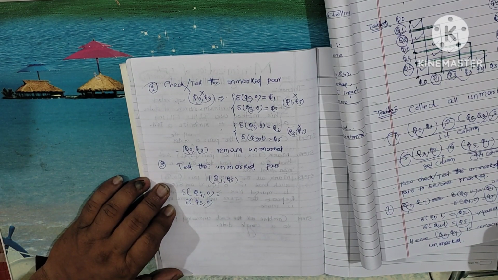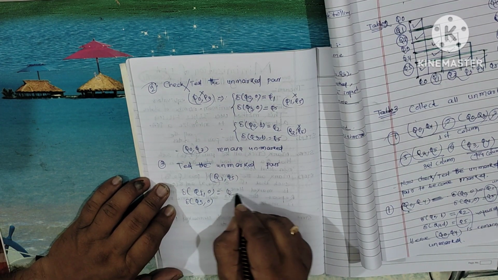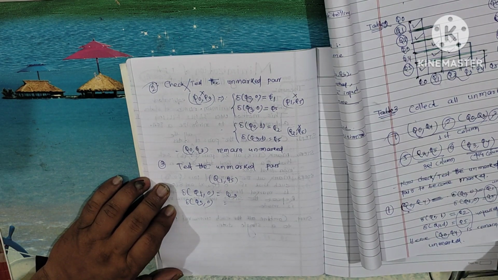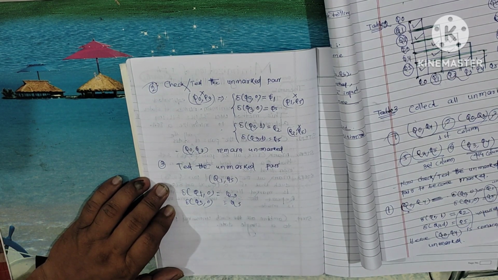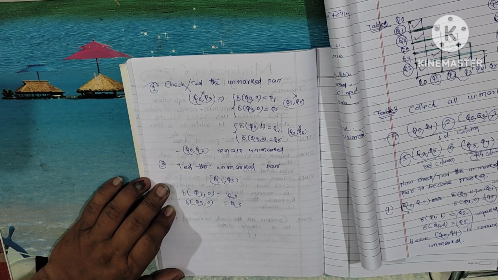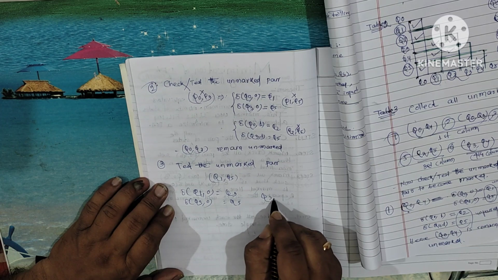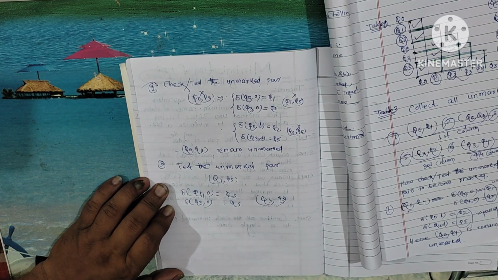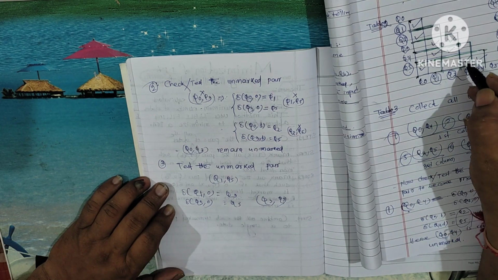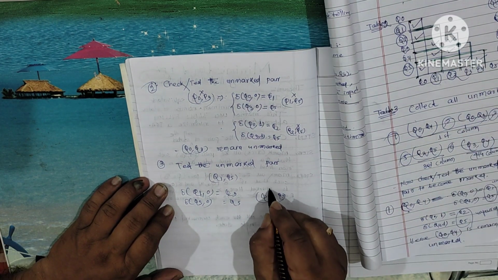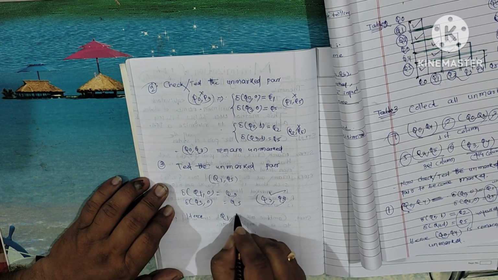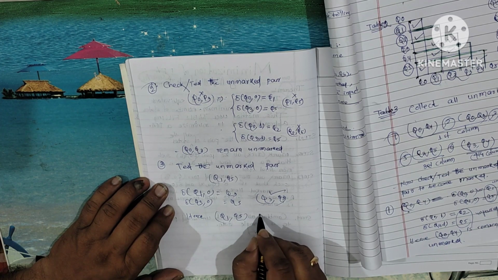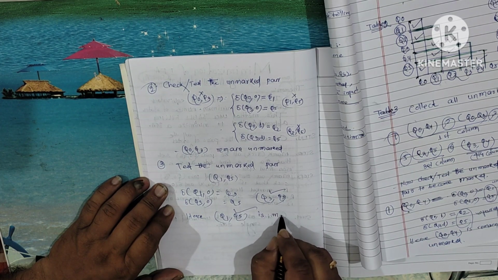Q1 on input 0 goes to Q3, Q5 on input 0 goes to Q5. So for the pair Q1, Q5 we get Q3, Q5. Q3, Q5 is already marked. It is marked, hence Q1, Q5 is marked.